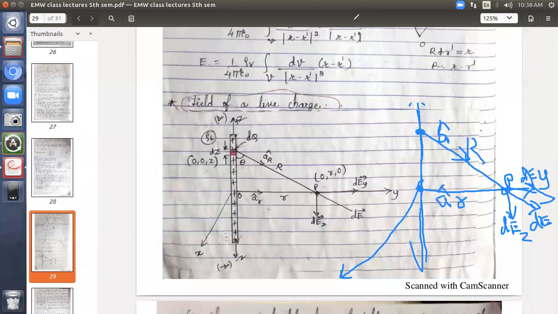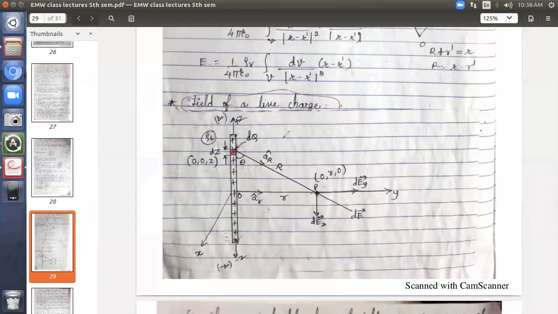Okay. I think I left out two points. One is theta. Theta is this angle between the considered small length dz and the point. And what are the coordinates of this length dz? It is x, y, z. Since the point is located on the z axis, the x and y components are 0. Here also, since the point P is located in the y direction, the x and z components are 0.